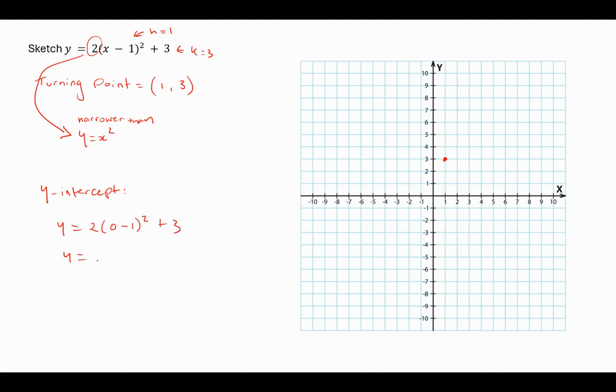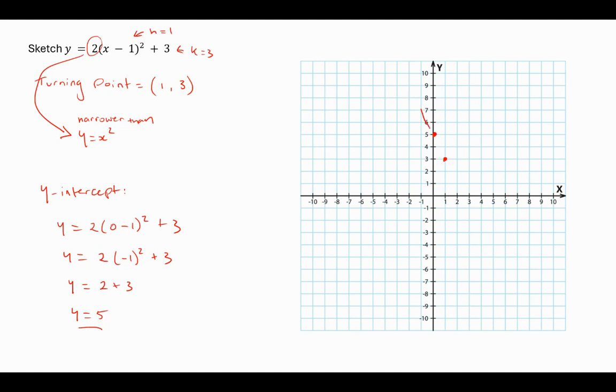This is going to become minus 1 all squared, and a negative number squared will become positive. So we'll have y equals 2 times 1, which is just 2, plus 3. So y is equal to 5. So our y-intercept is going to be at y equals 5. And since the turning point is here above the x-axis, we're not going to have any x-intercepts. So I'm not going to worry about those for now.